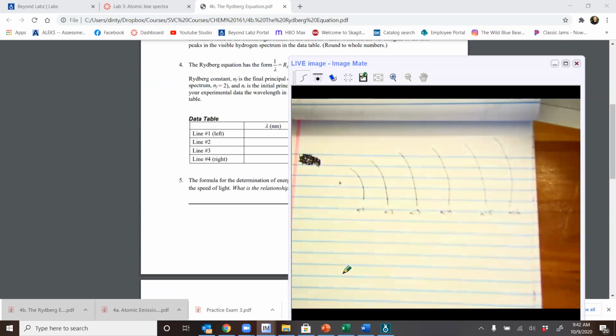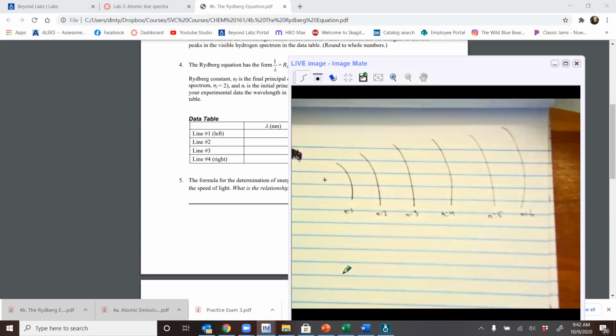So at least for hydrogen, we can think about the allowed places outside the nucleus as being just representative of shells. It gets more complicated than that for any atom that has more than one electron in it, but that's why we spend our time thinking about hydrogen, because it's an easy model to understand.